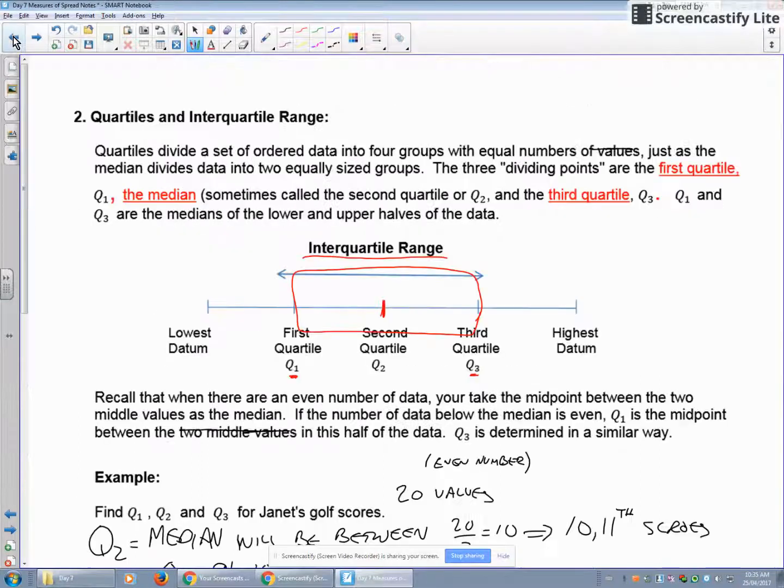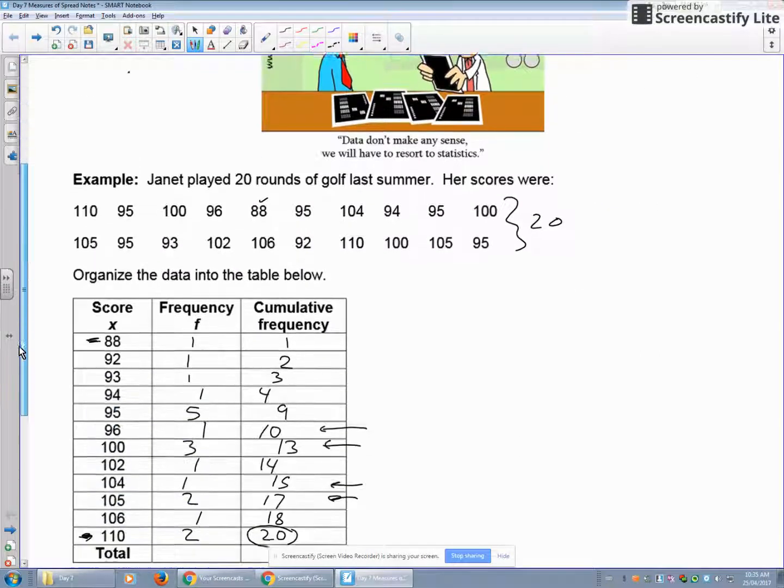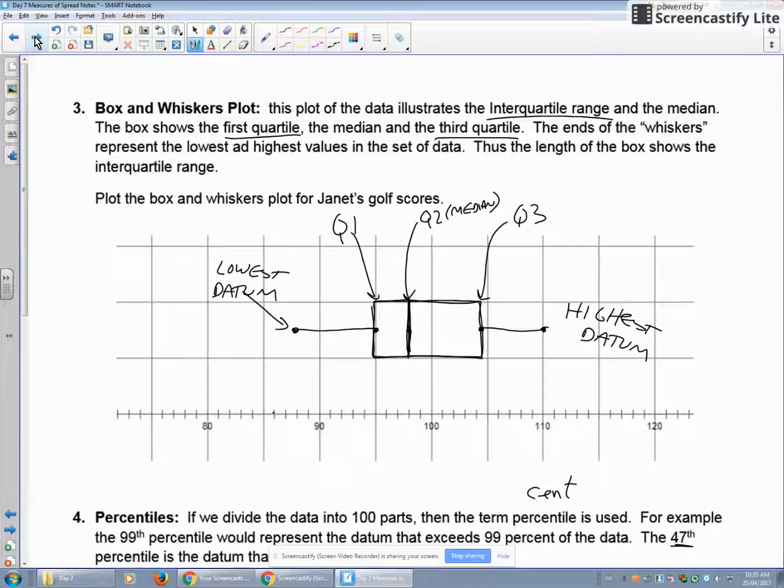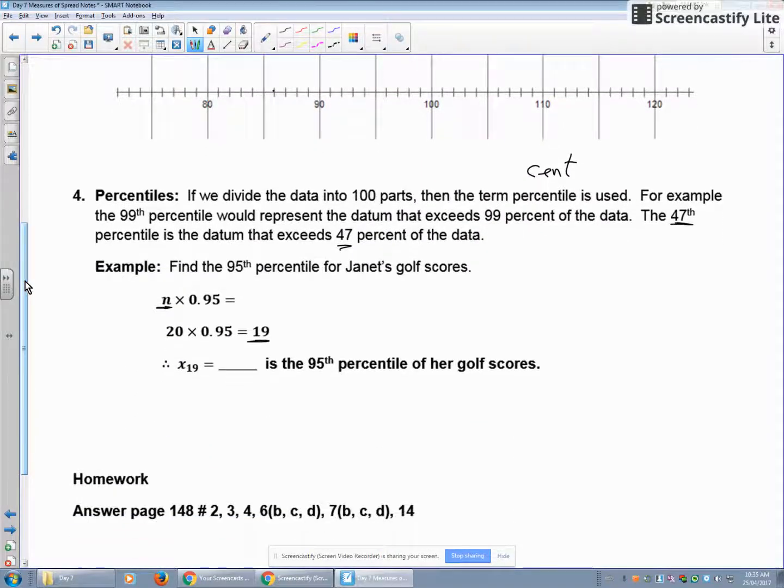Her 19th highest score, I come back to my data table. I find my cumulative frequency, 18. My 19th score was at 110. So my 19th score had a swing of 110. So 110 is the 95th percentile of her golf scores.